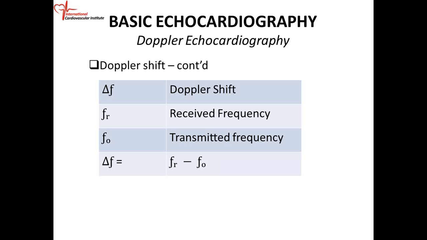You have to have a clear distinction between those two frequencies. The transmitted frequency is a fixed frequency, but because the source of the sound is moving away or towards an object, you have a received frequency or observed frequency.